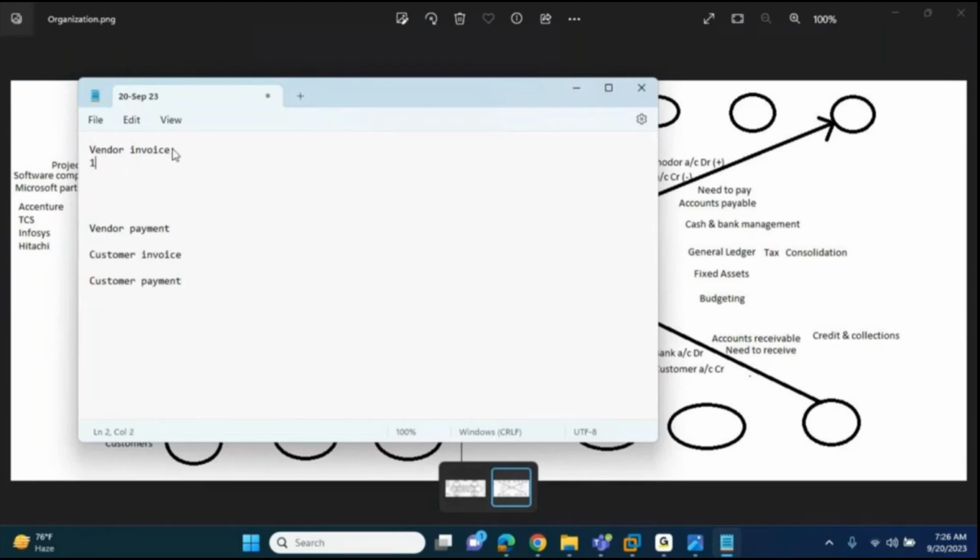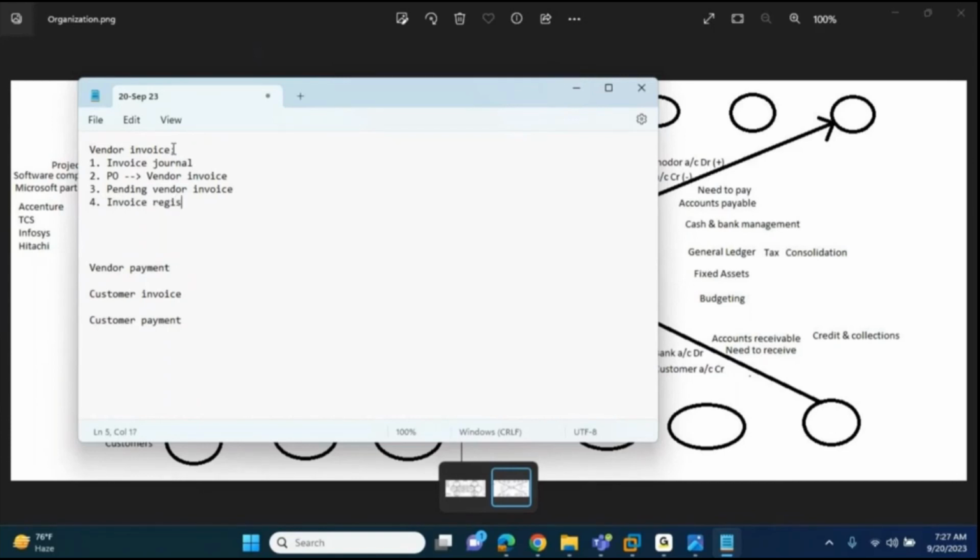So, in the system, vendor invoice can be done in how many ways? One is invoice journal. Next, purchase order to vendor invoice. Next, pending vendor invoice.